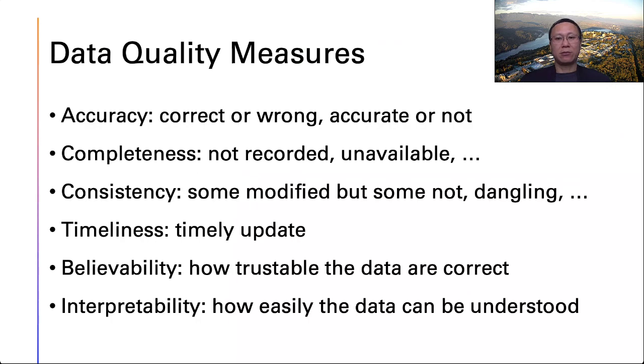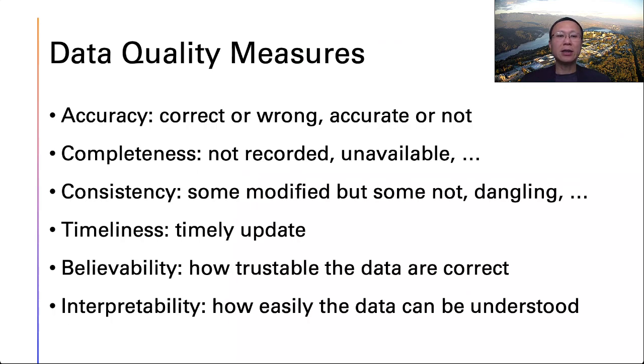Data is often large, so one big issue is whether you can trust your data. Whether you think that your data make good sense, whether your data are accurate and correct. So this is trustability, or believability. And also, given a large, complex data set, it is often hard to understand and hard to interpret for the end users what is happening within the data.